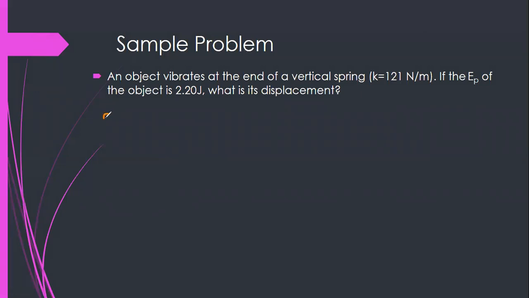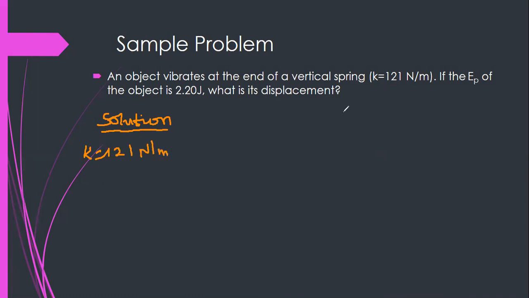So, write a solution. We look at the parameters that we have in this question. We have our spring constant, which is given as 121 Newton per meter.